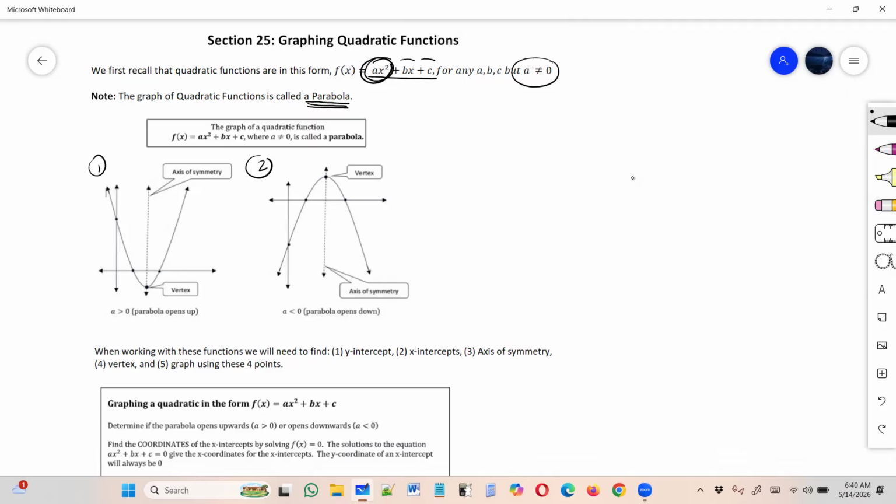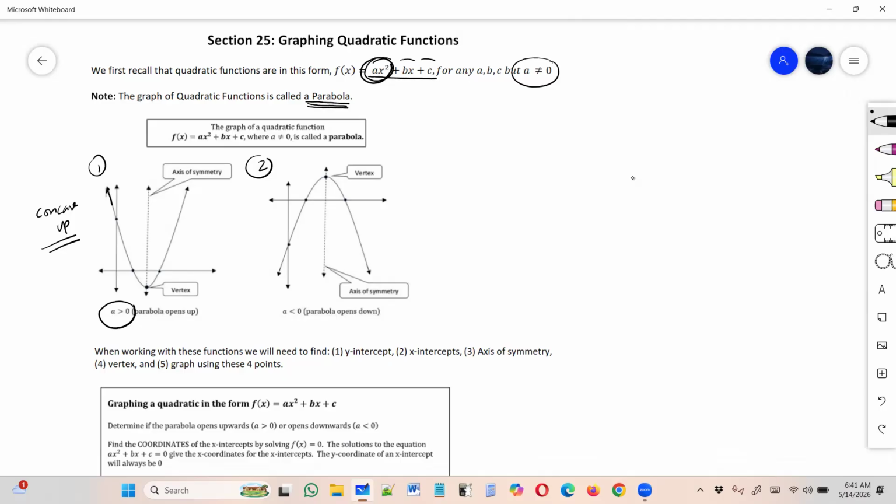So in the first case, we have this function opening up. So we call this concave up, meaning it opens up. Now, the criteria for the parabola opening up is if the coefficient a is greater than zero, meaning positive.